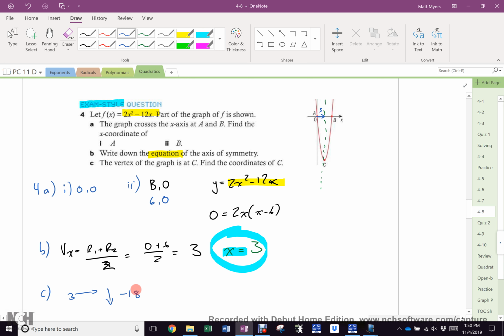Why? Because I got a 2 there. This is 2 times x squared, which is 2 times 3 squared, which is 2 times 9, which is 18. And since I had to drop, it had to be negative. So the vertex is 3, negative 18. Is everybody cool?